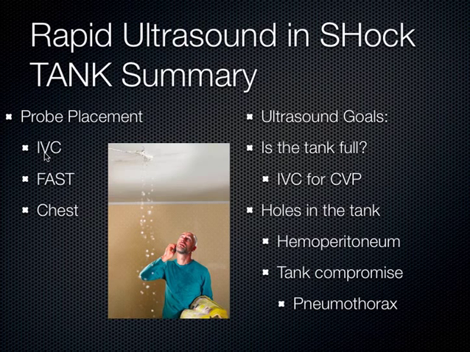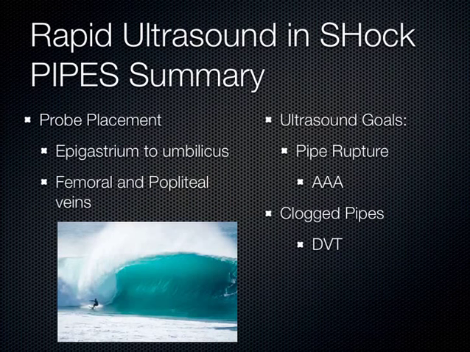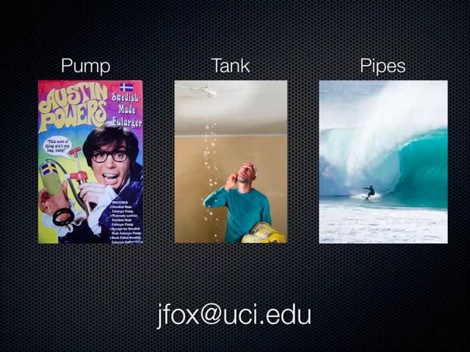And then finally, we're looking if there's any holes in the tank, like with the FAST exam, and if there's a pneumothorax resulting in a compromise of our tank. And then the pipes, we do an abdominal aortic aneurysm exam from the epigastrium all the way down to the bifurcation, and we're going to be looking also for clogged pipes, like in the FEM and the POP. So just keep in mind, in the heat of the battle, the pump, the tank, and the pipes, and you should be able to complete this study pretty quickly in the setting of unexplained hypotension.